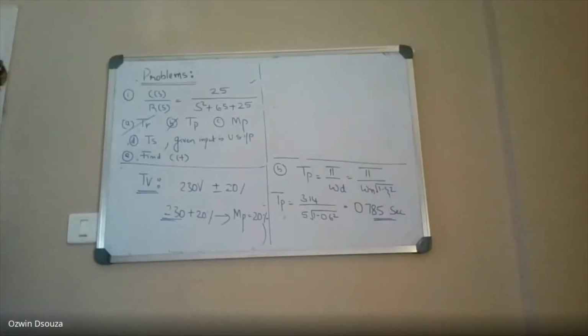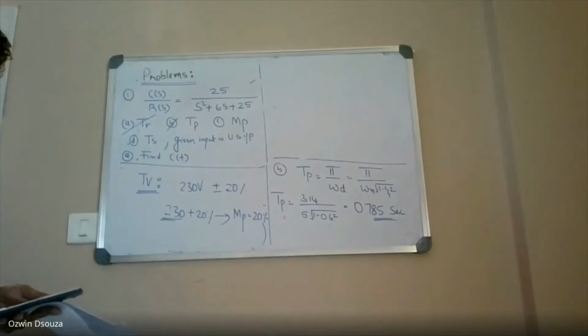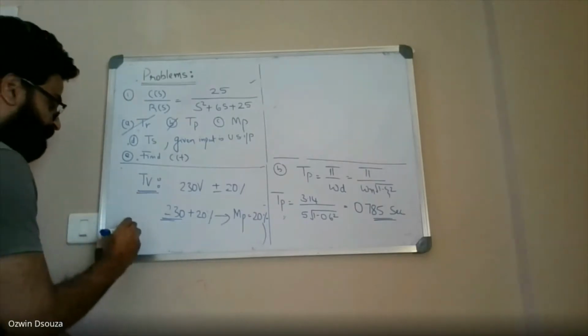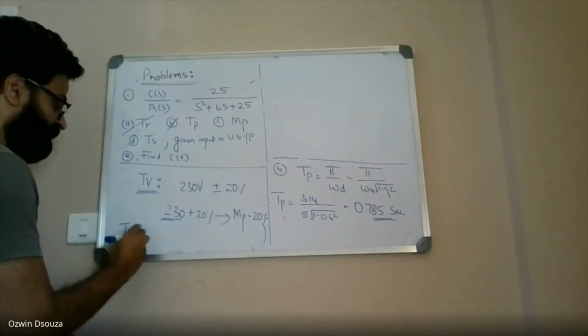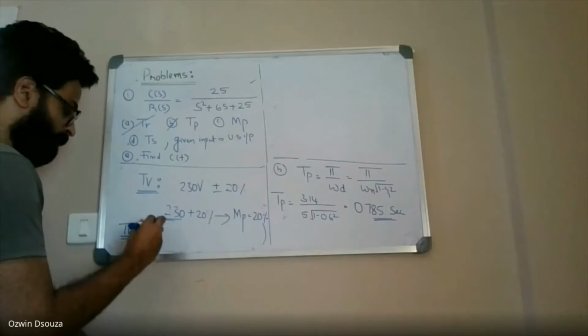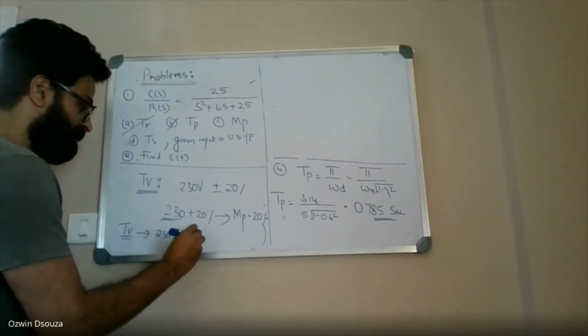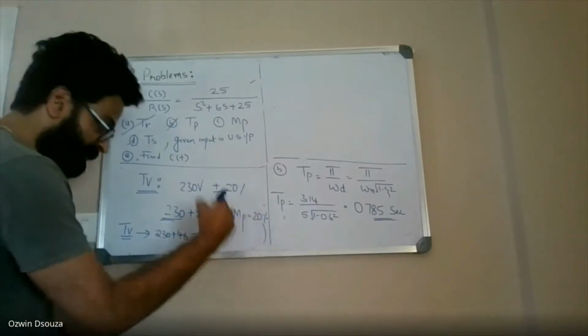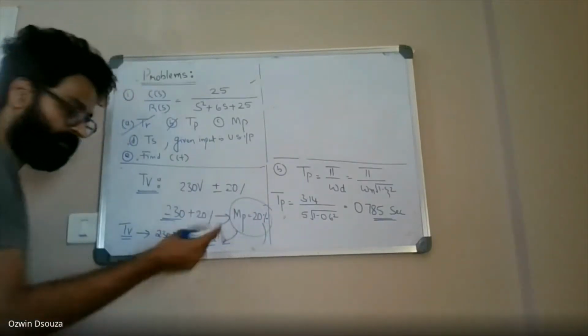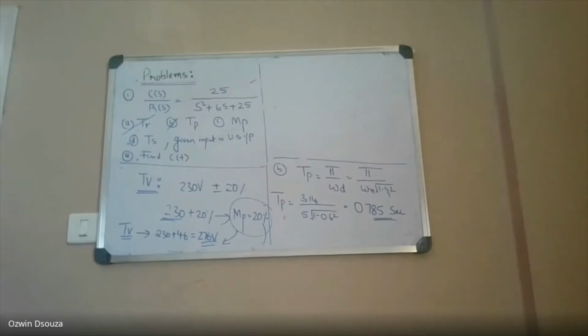So 230 into 0.2 is 46, plus 230. At the maximum, this television may be subjected to 230 plus 46 volts, that is 276 volts. This is the implication of overshoot in physical systems.